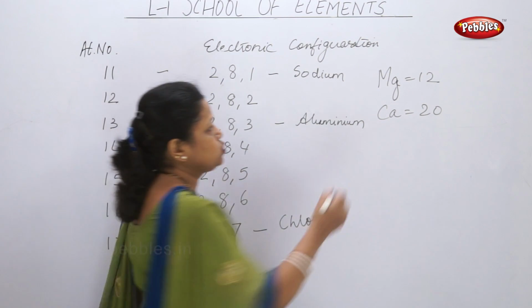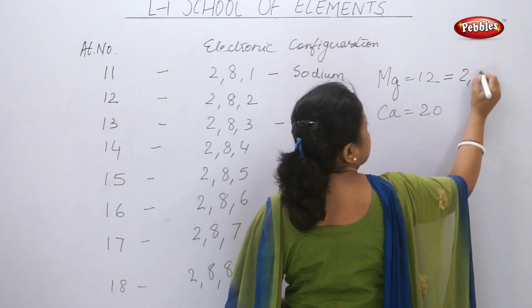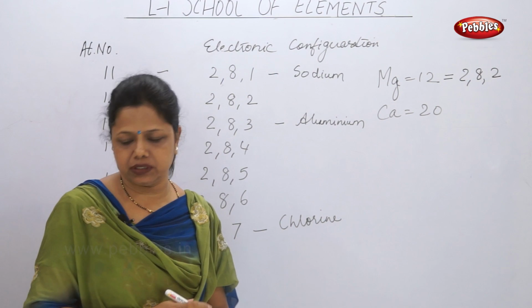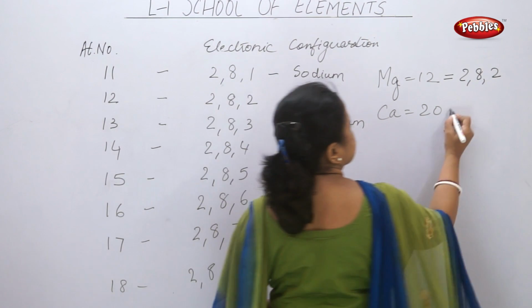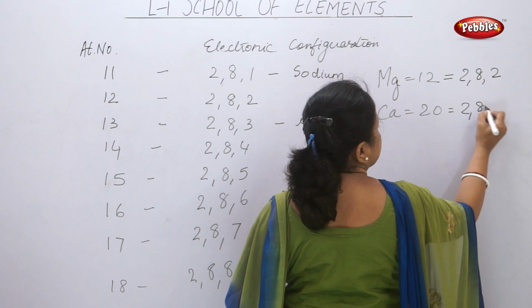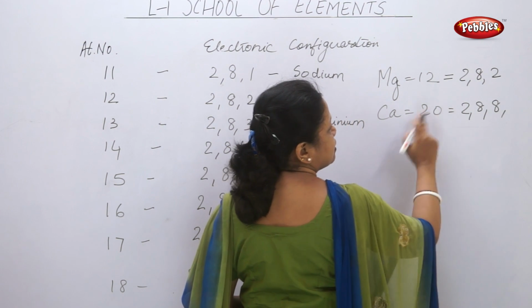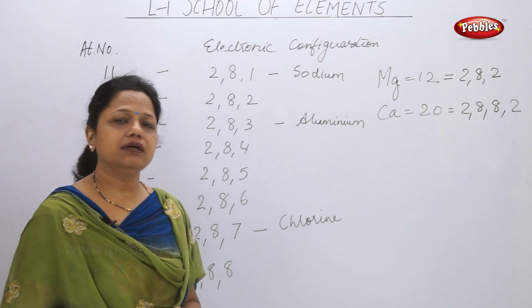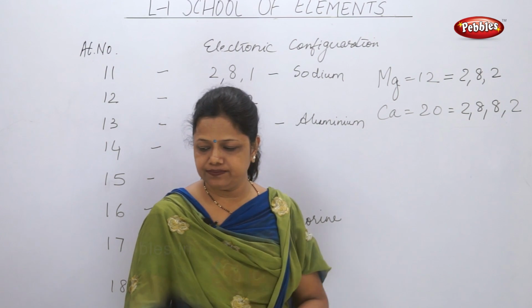If 12 is the atomic number of magnesium, then 2, 8, 2 is the electronic configuration. What is the electronic configuration of calcium? It is 2, 8, 8, and then 2 are left, making 20. So this is the electronic configuration for magnesium and calcium.